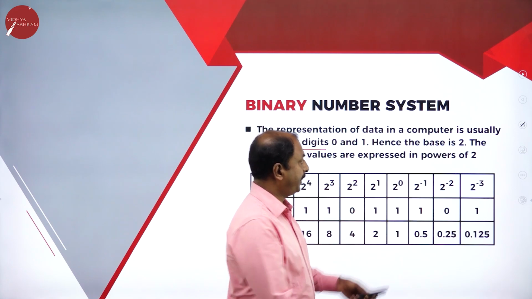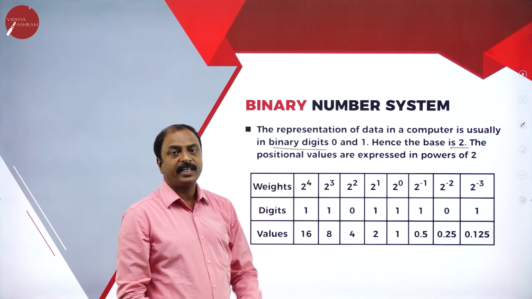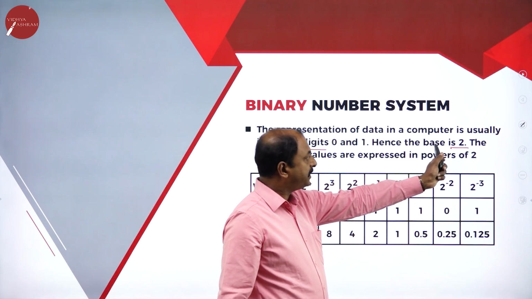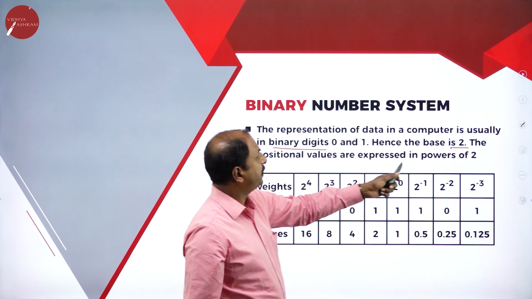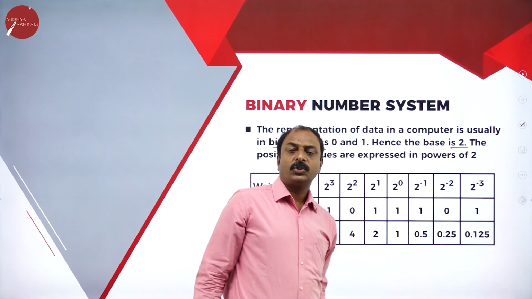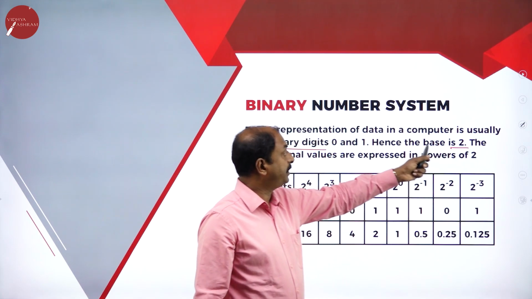Hence the base is 2. Binary, bi stands for 2. So the radix or base is 2, and the positional values are expressed in powers of 2.